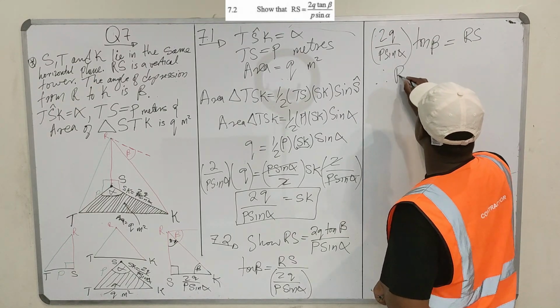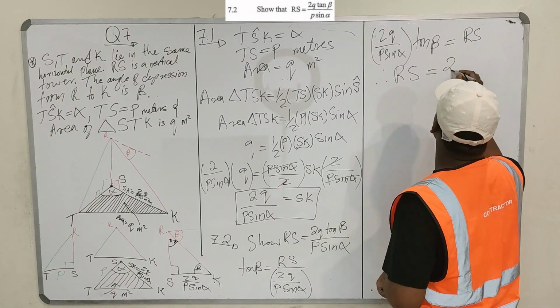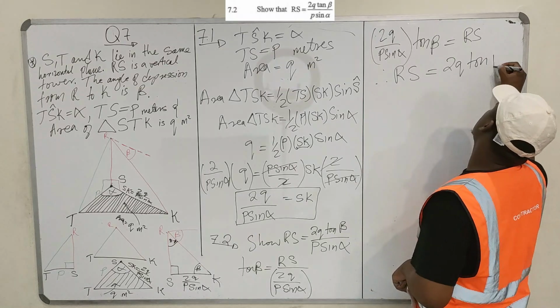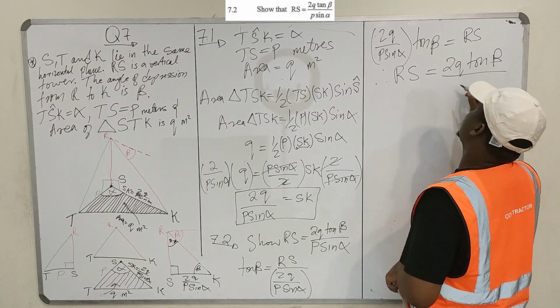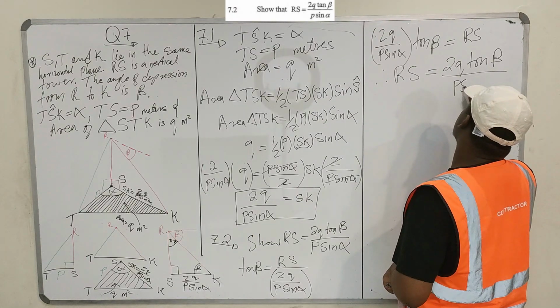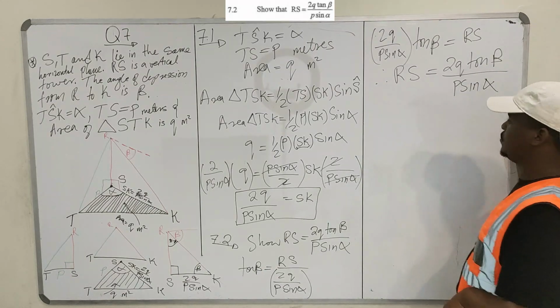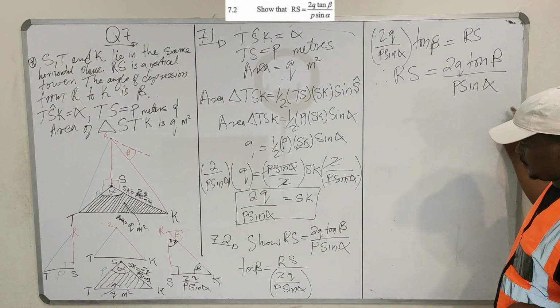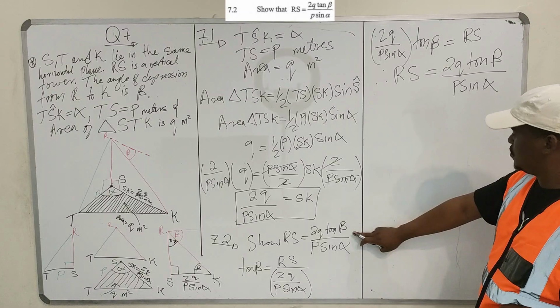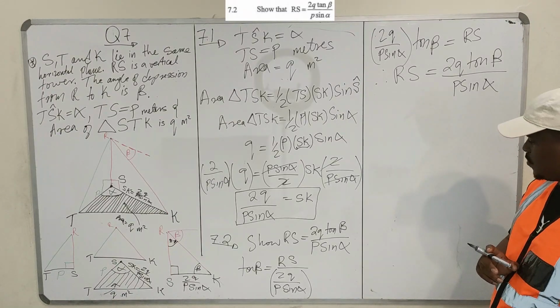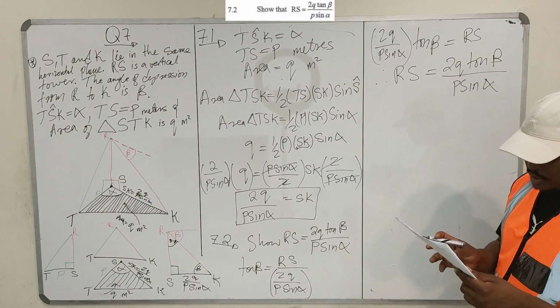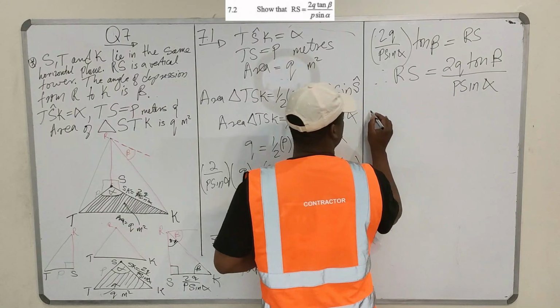Therefore, your RS is equal to 2Q tan beta all divided by P sine alpha. Done. Then we're done. Go to the next one. Actually, the last one, which is 7.3.